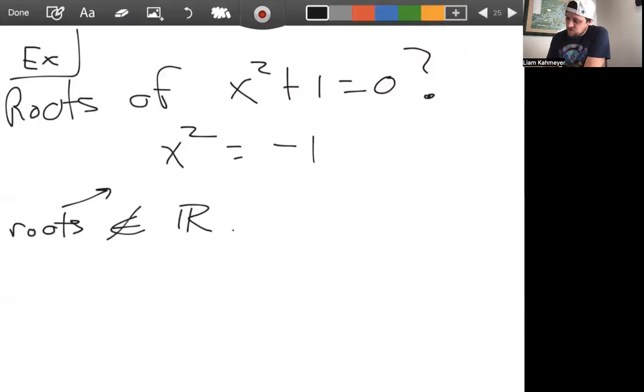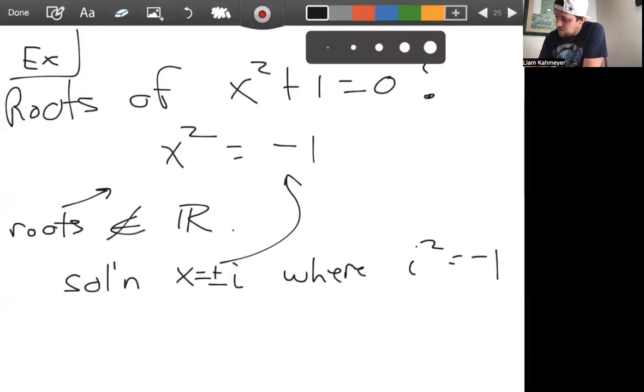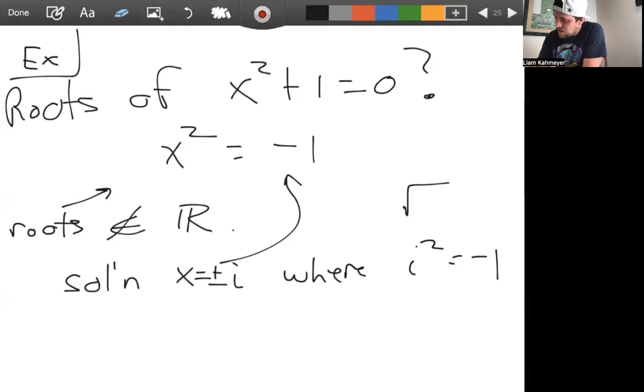And the solution here, we know, says a solution of i, right, where x equals plus or minus i, those are the two roots here, where by definition i squared is equal to -1, or maybe more familiar, we're more used to seeing root -1.